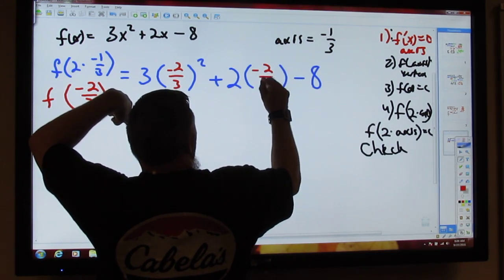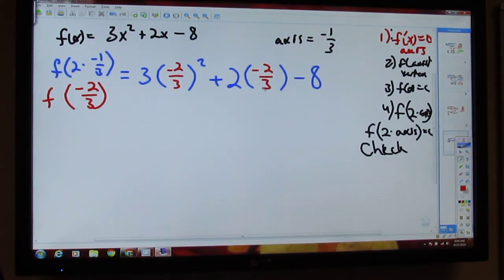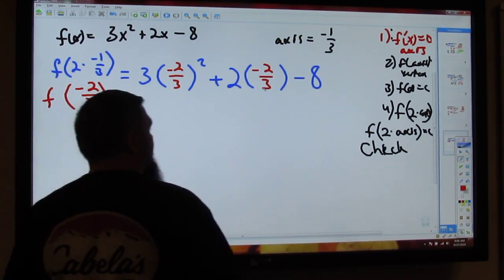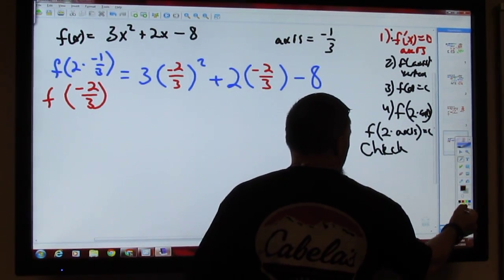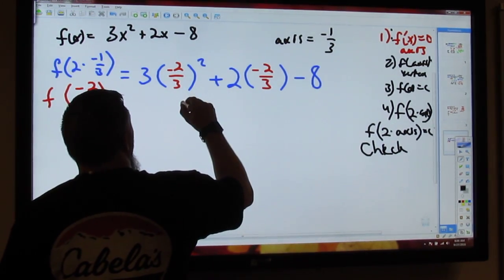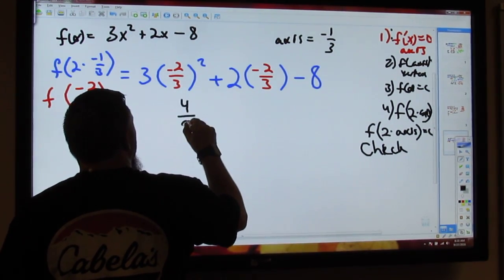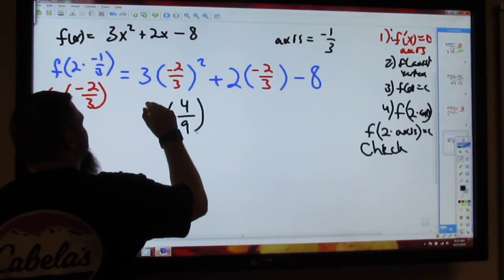What is 2/3 squared? 4/9, because it becomes positive, correct?